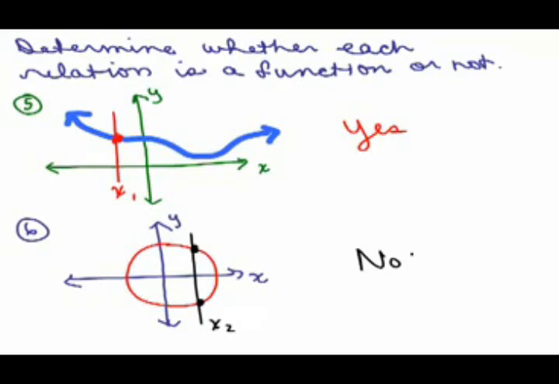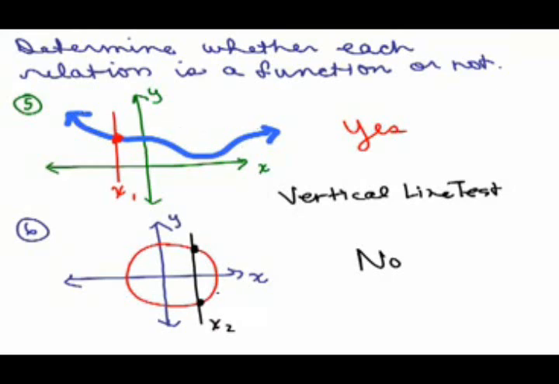And this leads us to something interesting if you're looking at a graph. What you can do is use what's called the vertical line test. If you're looking at a graph, if you can draw a vertical line and go through more than one ordered pair on the relation, then it's not a function. So for number 5, no matter where I draw a vertical line, I'll only go through the function once.